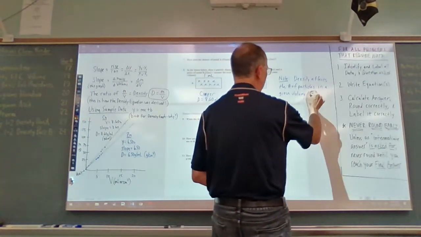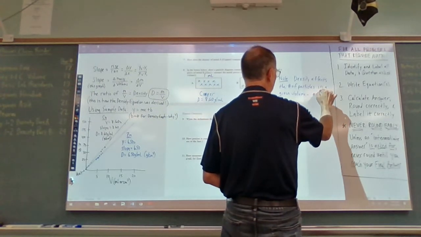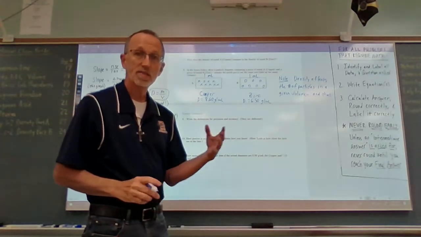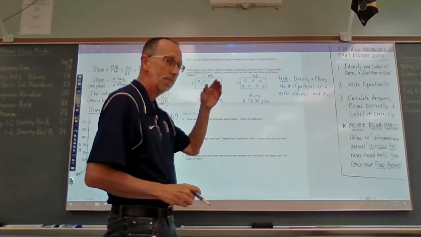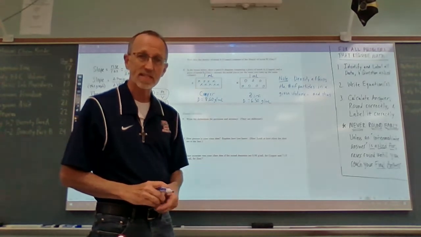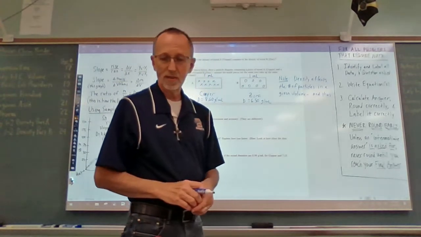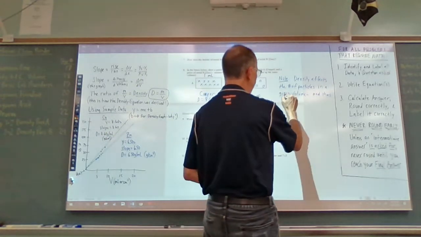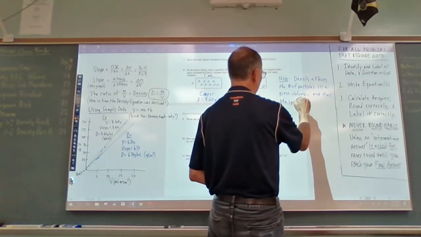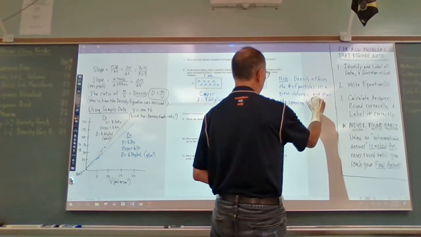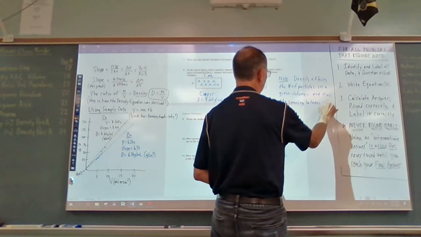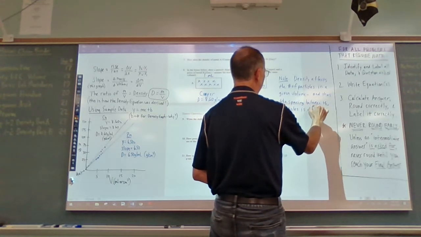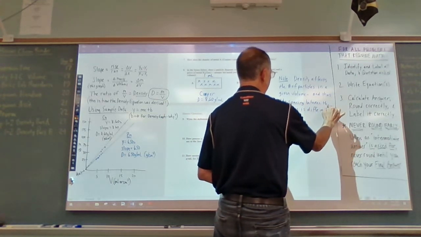The bottom line is, if you have more particles of copper in the same space than you do particles of zinc in the same space, then the spacing between the particles is going to be different. I tried to illustrate that here.